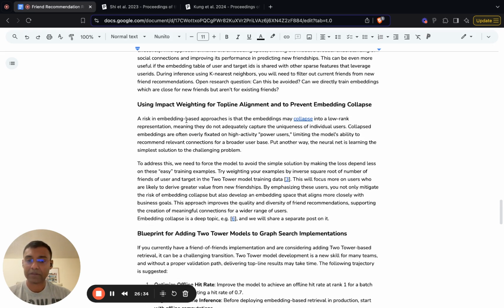In this article we also talk about some of the hardest parts of embedding-based retrieval, like what is called embedding collapse, which means you're learning embeddings in a way that is not truly using the number of dimensions it has. It is not able to recognize the uniqueness of all users, and it is focusing too much on the power users.